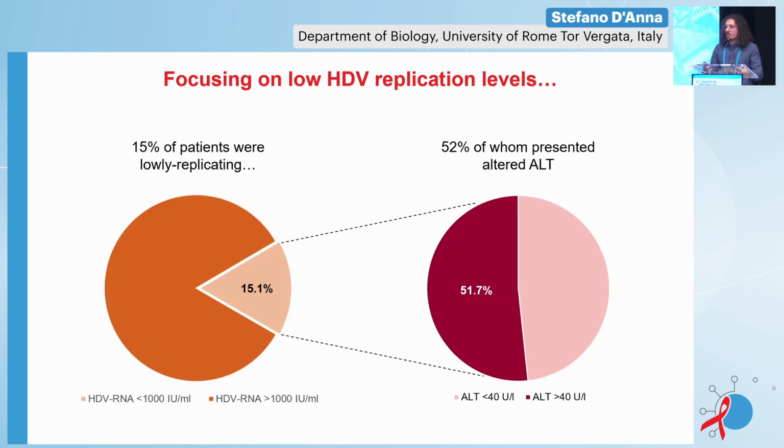Finally, by focusing on lowly replicative delta cases, defined as serum HDV RNA levels lower than 1,000 units per ml, this represented 15% of delta cases. Despite a reduced viral replication, more than half of them showed altered transaminases.